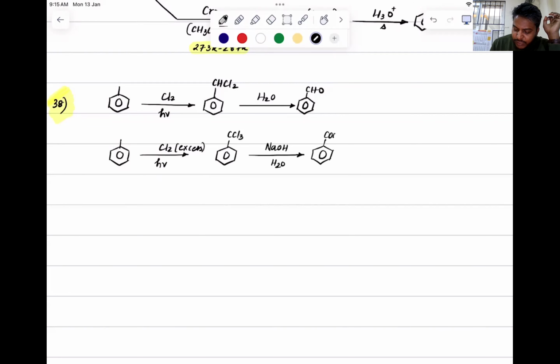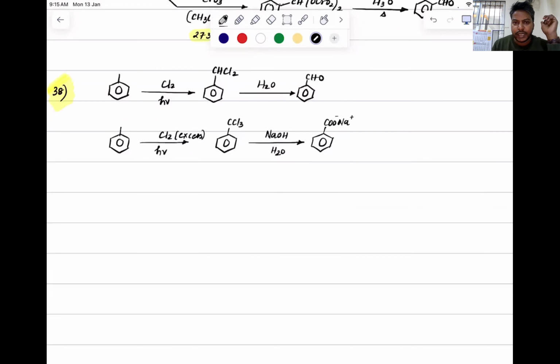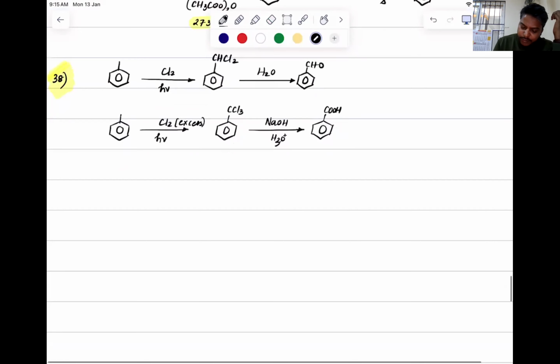So COO minus Na plus. Got it? This is COO minus Na plus followed by hydrolysis. So that H3O plus. So COOH. This is the product form.